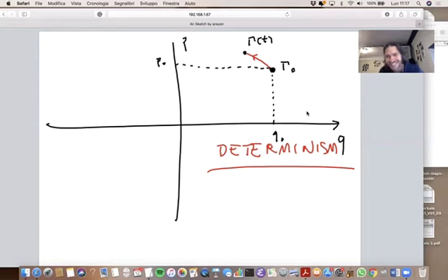In practice, it's another story, because maybe you don't have complete information about the initial condition. Maybe you make some error in the initial condition, which will propagate into an error on the final condition. Now, some systems are such that if you make a small error on the initial condition, you will get a final position that is exponentially far from the one you would have gotten with a different initial condition.